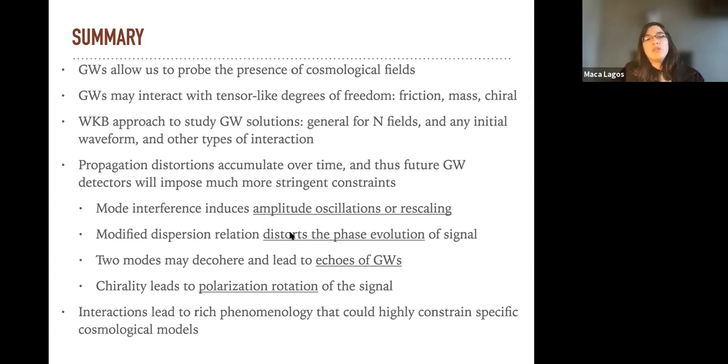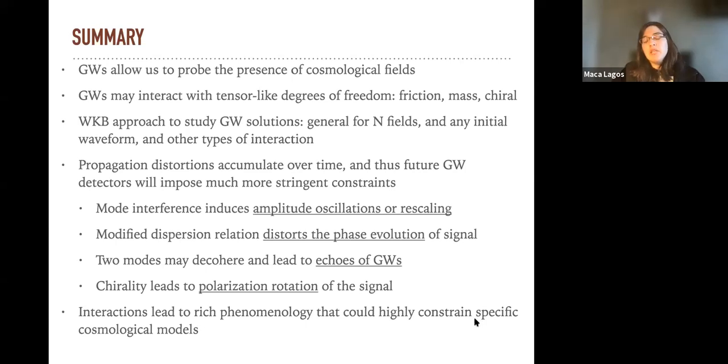So finally, because of all these different distortions and therefore rich phenomenology that you can see when you have additional interactions, I do believe that we should be able to already put some strong constraints on specific models like massive bigravity or these multi-Proca theories that I was mentioning.